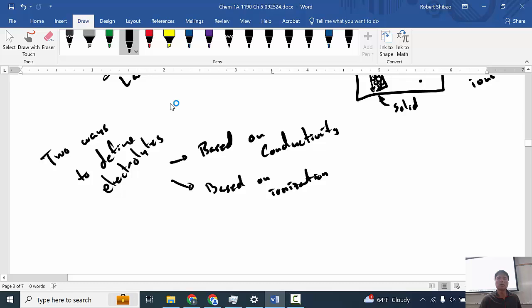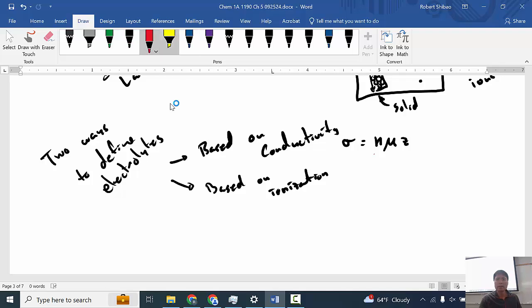Conductivity is given the symbol sigma, and sigma is equal to N mu Z. N is the number, mu is mobility, and Z is charge.